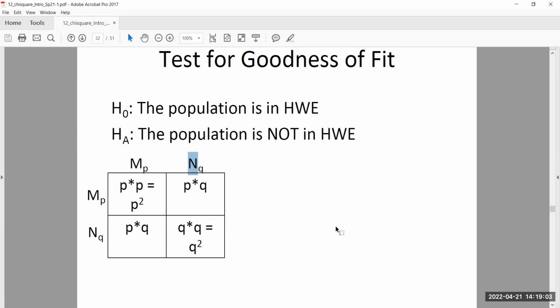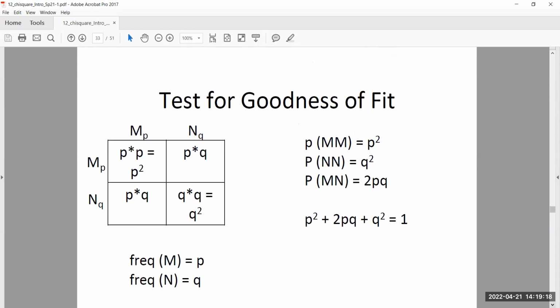Now, it turns out if a population's in Hardy-Weinberg equilibrium, then the genotype frequencies of the parents and the expected offspring should be the same. So if they are not, then our population is out of Hardy-Weinberg equilibrium. All right.